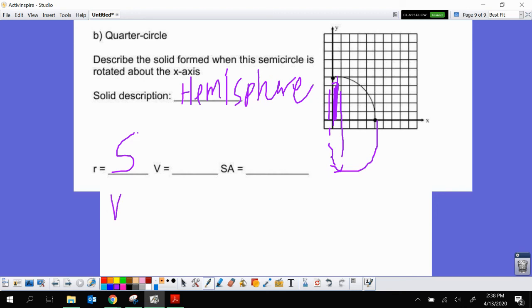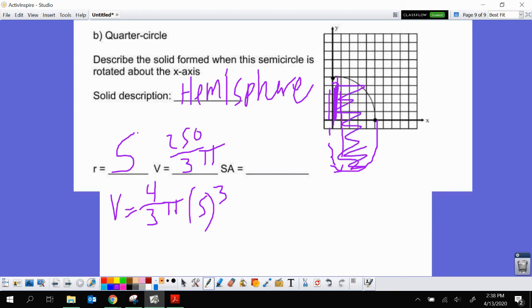The volume of this is half of a sphere, so I'm going to do 4/3 pi r cubed, and if we do that, we get 250 over 3 pi. That's the easy part. If you remember back to spheres in the last lesson, for the volume we don't really have to think much because that's everything on the inside. So not much to change there.